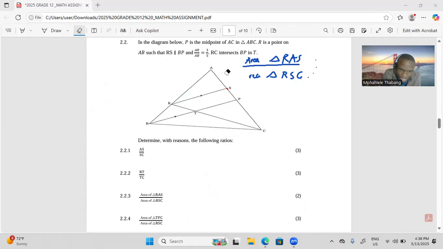If you look at the triangle TPC, which is the triangle from the problem of 2.2.4, and RSC, yes.